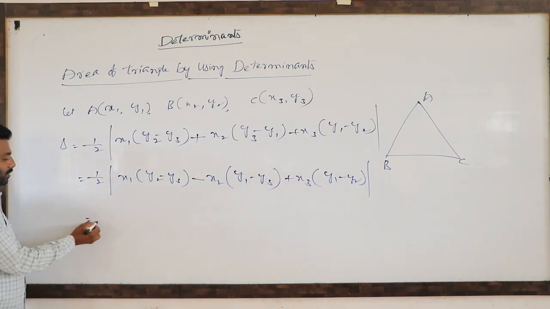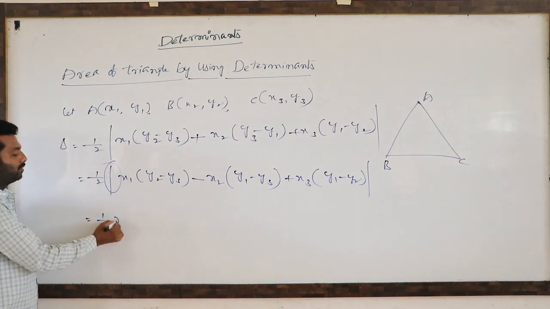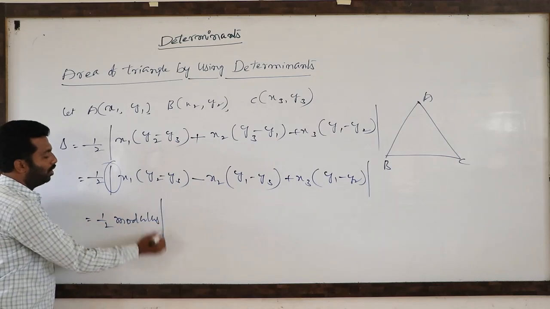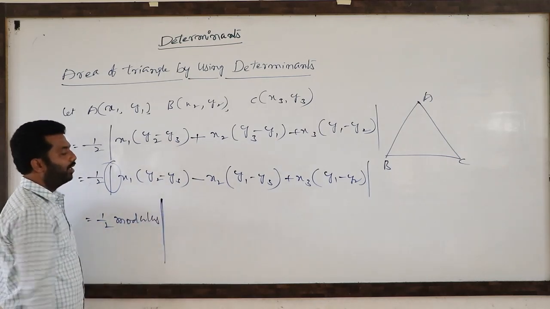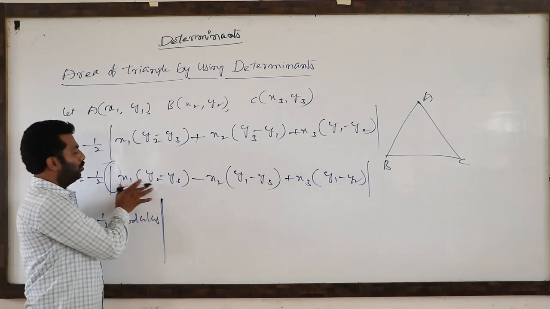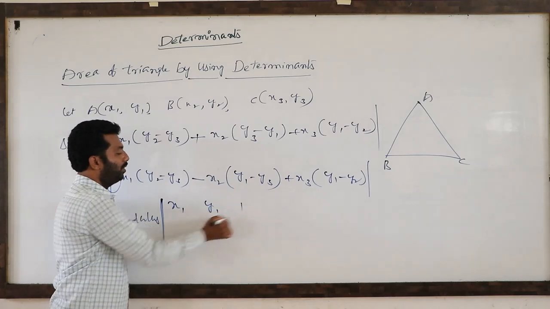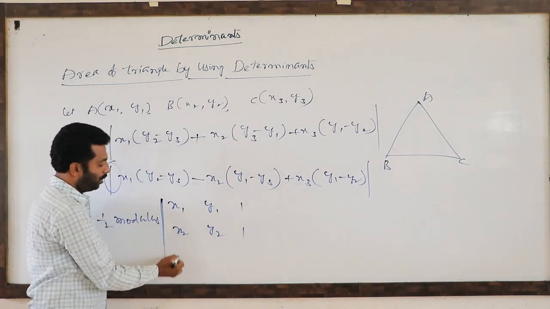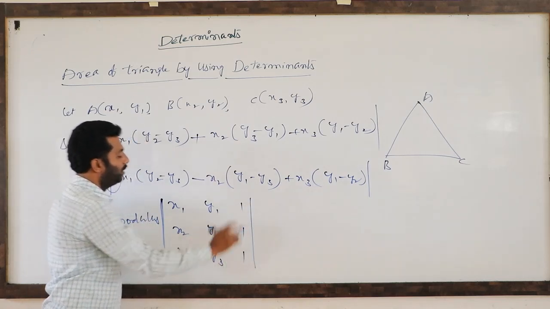So this is 1 by 2 into modulus of the determinant. This total expression can be written as the determinant with rows x1, y1, 1; x2, y2, 1; x3, y3, 1.